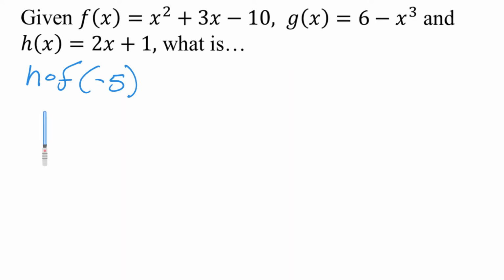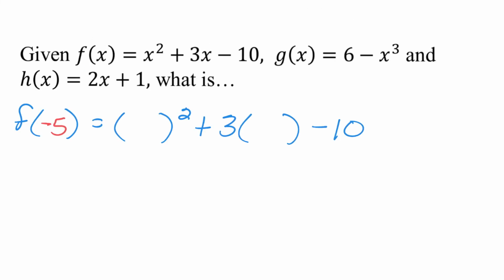Next, we're going to look at h composed f of -5, which can be written as h of f of -5, but we have to figure out what f of -5 is. Now, one thing to be very careful about is that I am still seeing some students that are saying that negative 5 squared equals negative 25.